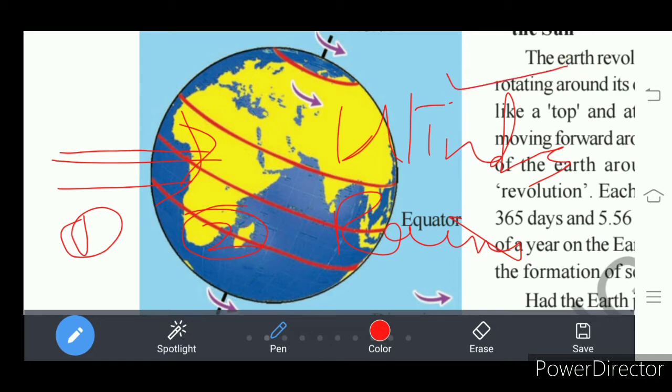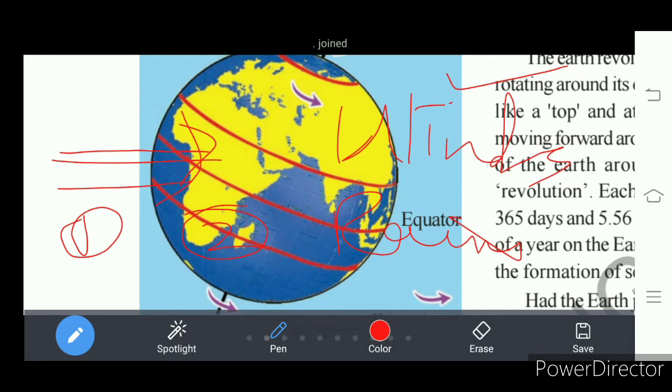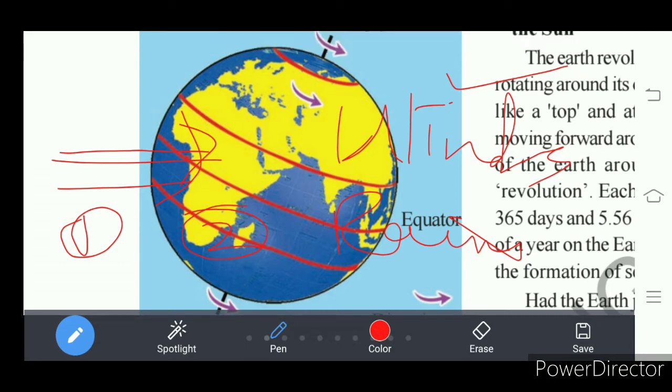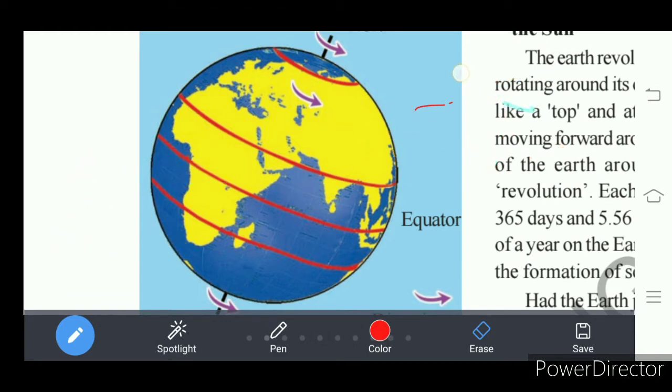That means winds take place due to the differences in the temperature of one place and other. Similarly, rains also. And also the amount of rainfall received at one place to other place varies depending on the temperature. So temperature is one important component we are discussing here.